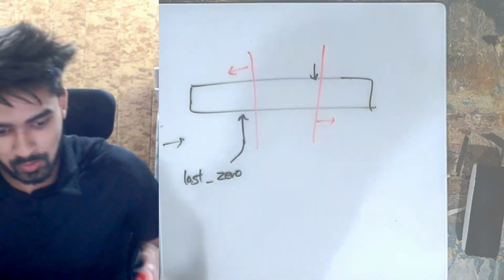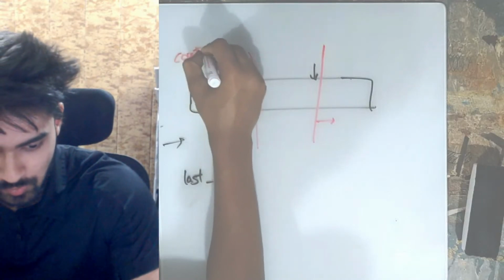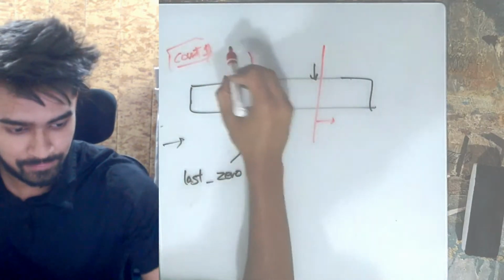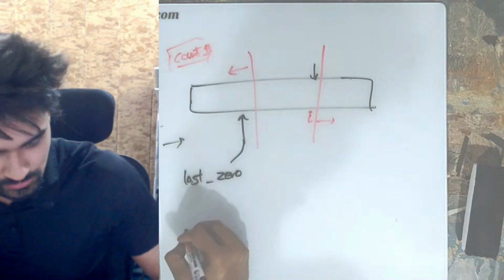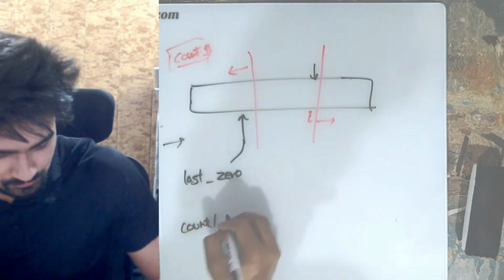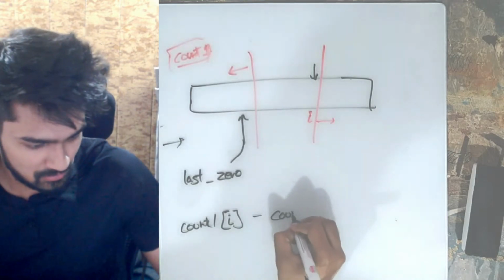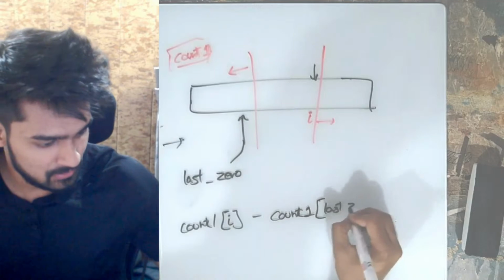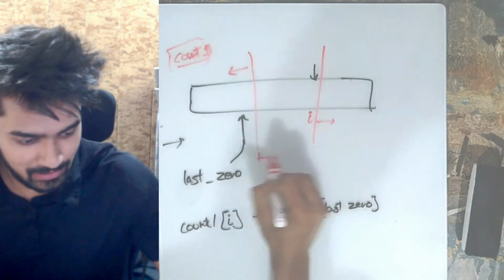Now I'll already have a prefix array of count 1. So let's say this is I. What I'll do is count 1 of I minus count 1 of last 0. This will tell me all the ones I had here.